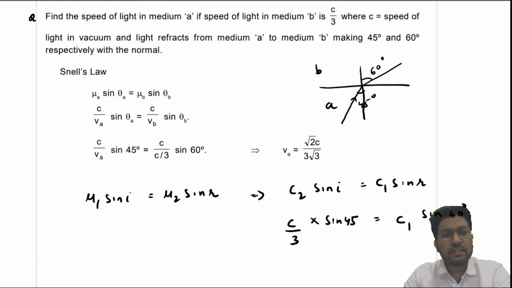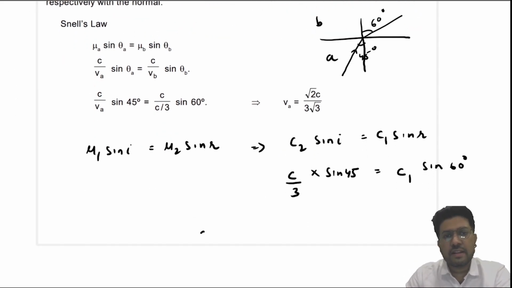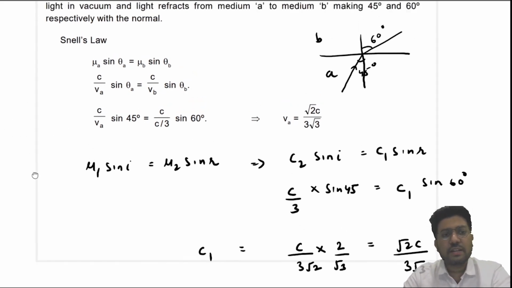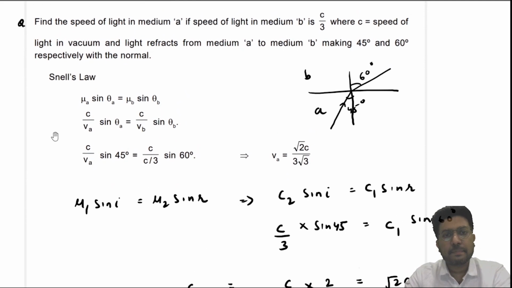So from this you will get the value of C1 as c by 3 root 2 into 2 by root 3 because sin 60 is root 3 by 2. So if I take it here it will become 2 by root 3. So you will get this is equal to root 2 c by 3 root 3. So this is the value of the speed of light in medium A.